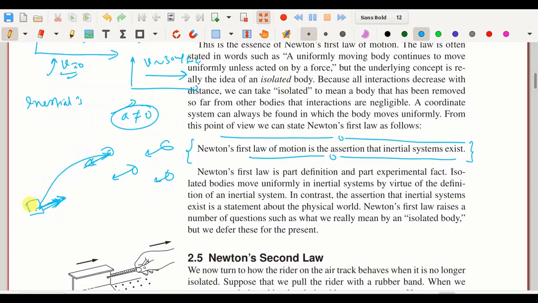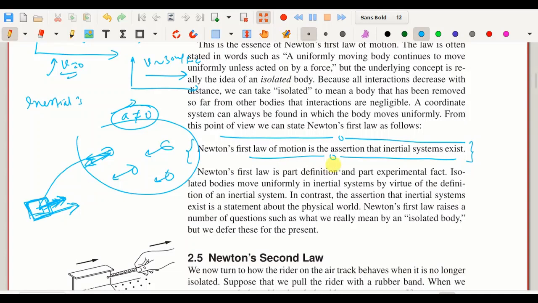So if it moves 5 centimeters, they will also move some centimeters. Therefore, for an isolated body, you keep it very far away so these motions are not affected. And if an isolated body is moving uniformly, we say that an inertial system exists. So Newton's first law is the assertion of the existence of inertial systems.